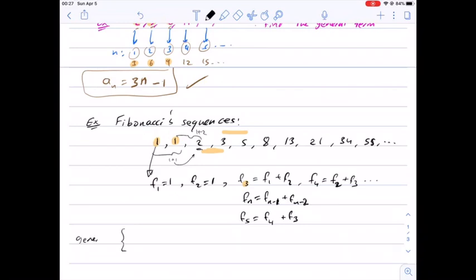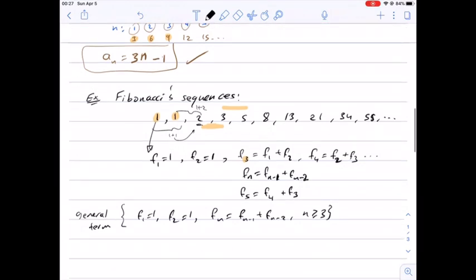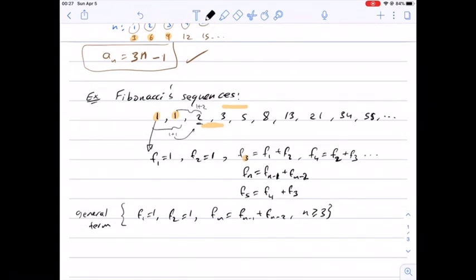So we can write the general term as f1 equals 1, f2 equals 1, and fn equals f(n-1) plus f(n-2) for n greater than or equal to 3. So each number of the sequence is simply the sum of the previous two terms.